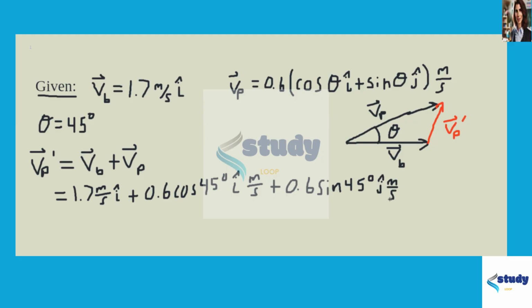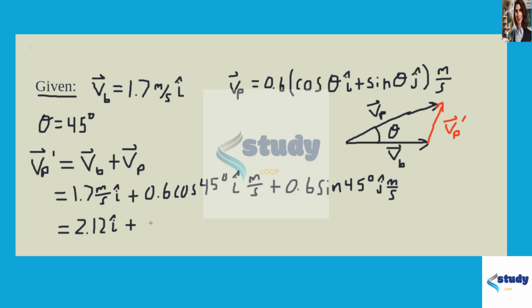Okay, we can only add things together if they're in the like direction. So we'll add the two i hat directions together. So 1.7 meters per second plus 0.6 times the cosine of 45 degrees. If you do that, that comes out to be 2.12 in the i hat direction, right?